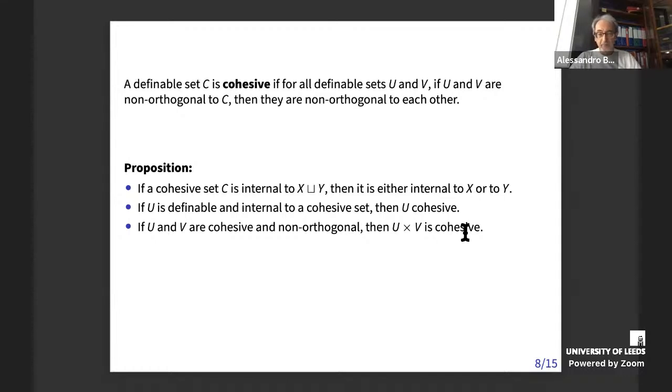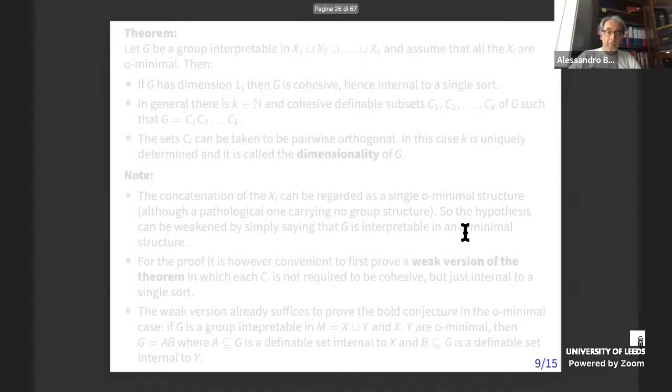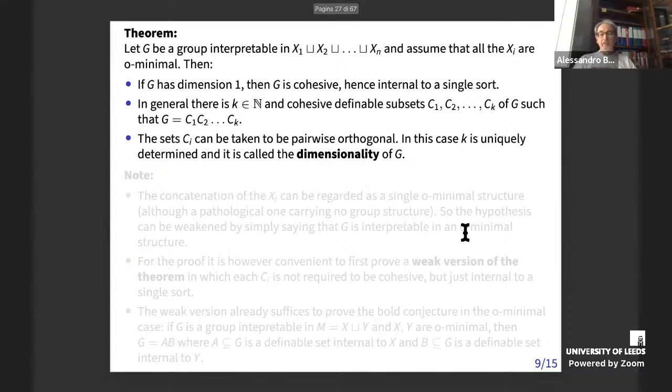But of course, the direct product of two groups living in different sorts is not cohesive. Now, there is a theorem that we can prove. The conjecture is still open, but a theorem we can prove is the following.